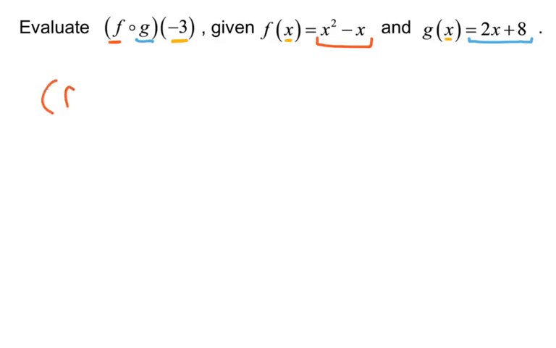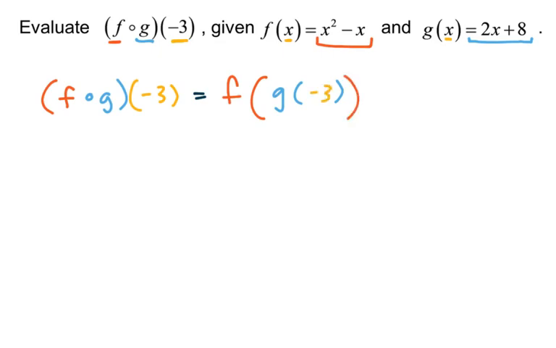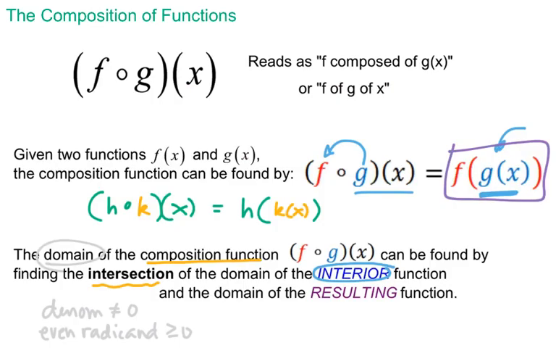So by definition, f composed of g of -3, what does that mean? Well, that means f of g of -3. So that's just relating back to the definition we have right here on this first screen.